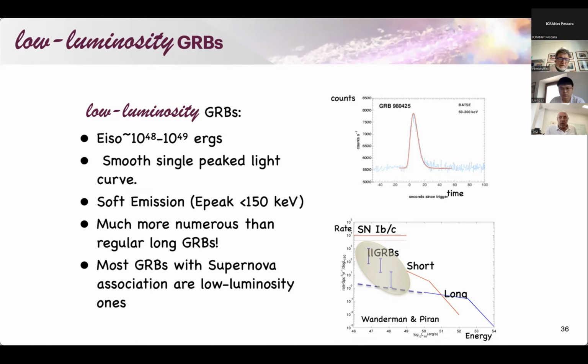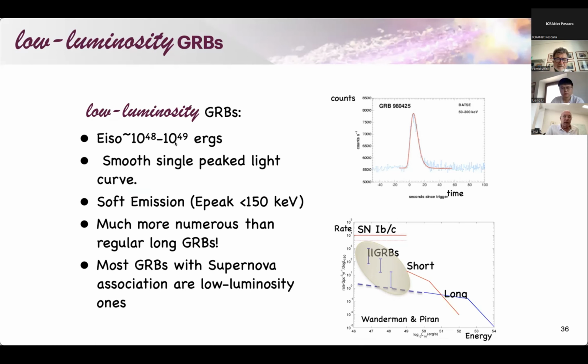Okay, so I already mentioned that this analysis suggests that many events do not manage to have the jet propagating outside of the star. We suggest that these are the origin of the low luminosity GRBs.